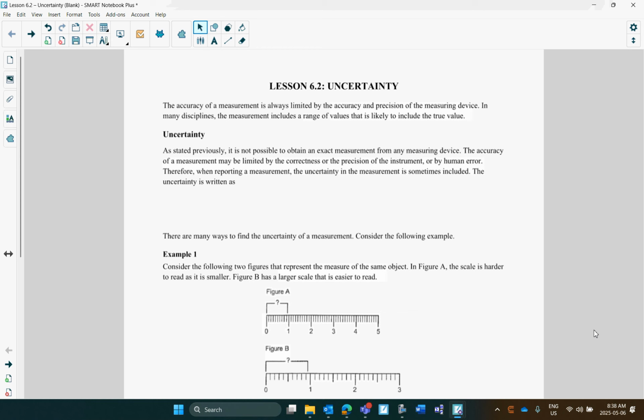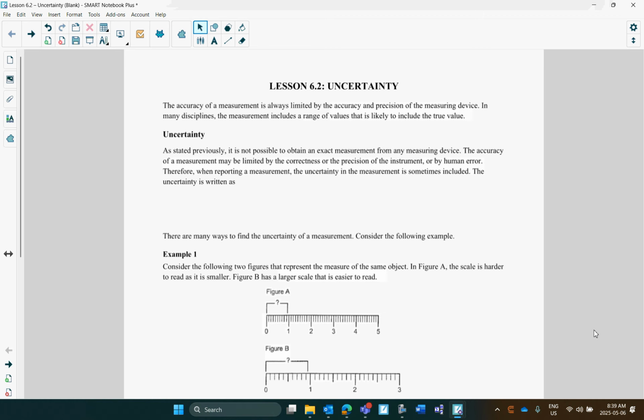So normally when you guys have measured things up to this point, you've just written a number, a value. But we want to account for that it's not quite perfect. It could be a little more, it could be a little less. And so to do that, we write something in terms of uncertainty.